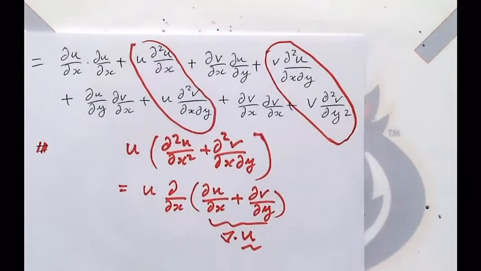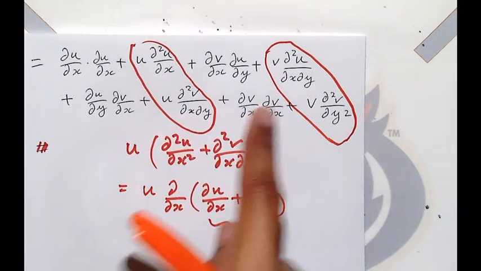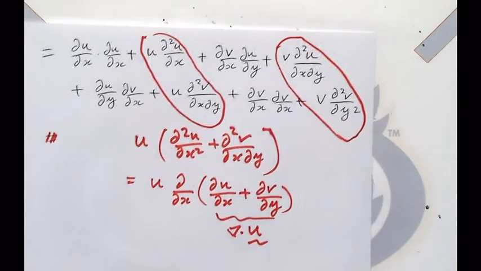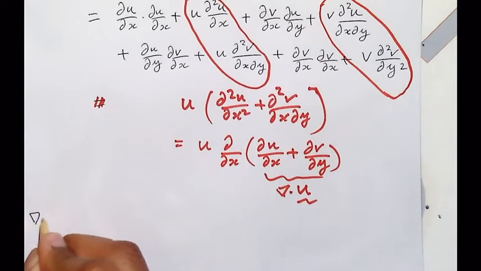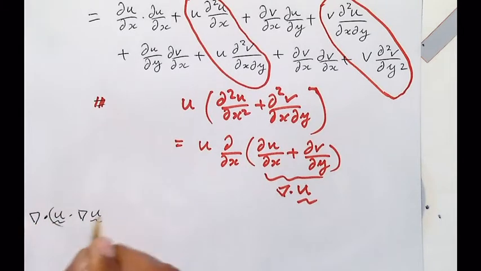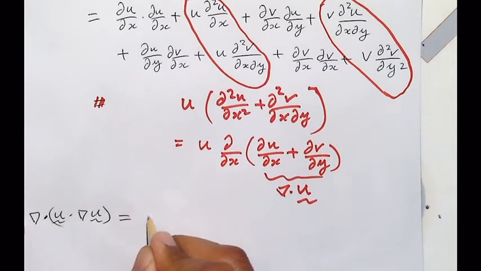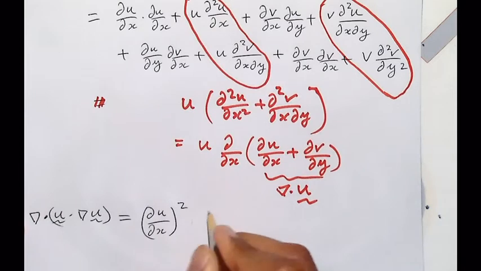Just as we realized these two combine to become 0, these two also combine to become 0. So in the end, what we have left is nabla dot u dot nabla u is not entirely 0. There are 3 terms that remain.